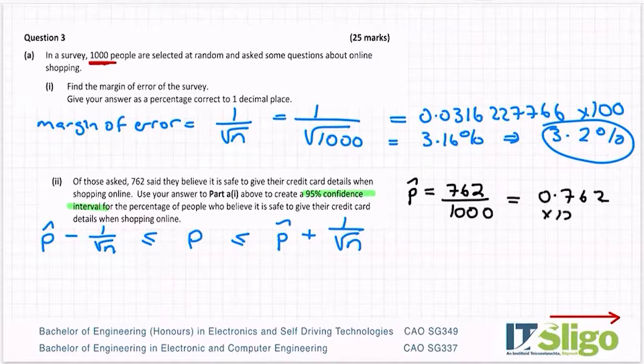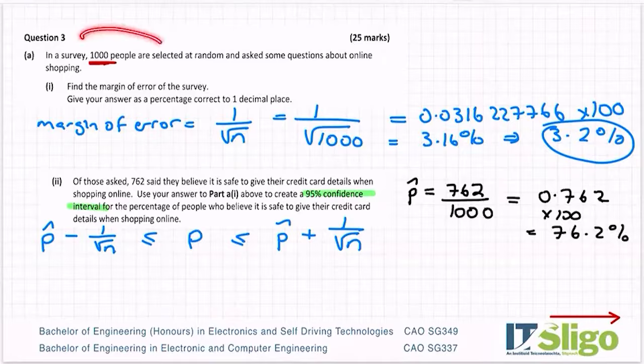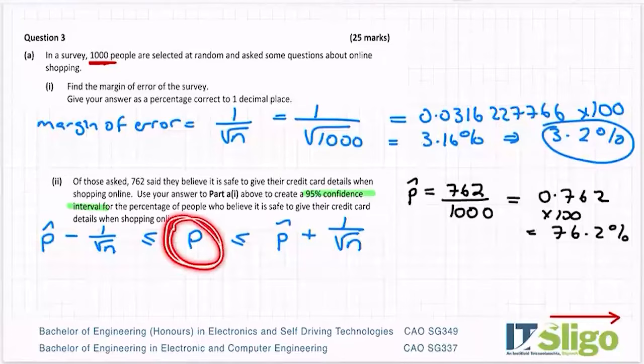So I'm just going to convert that to a percentage. So 76.2% of this sample thinks it's safe to give your credit card details. Now, can you make a statement about the entire population based on these 1,000 people?